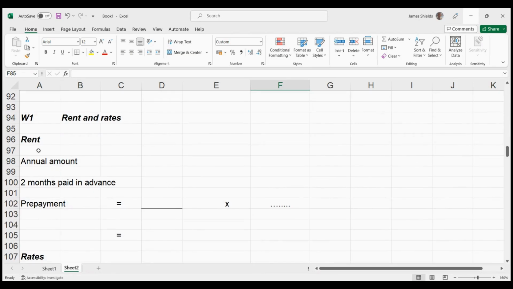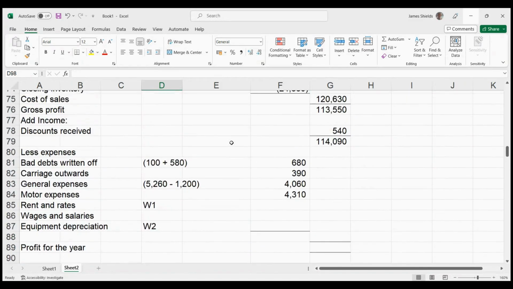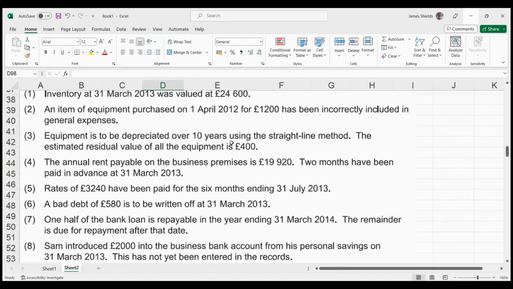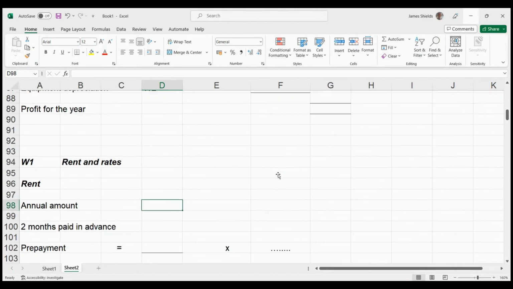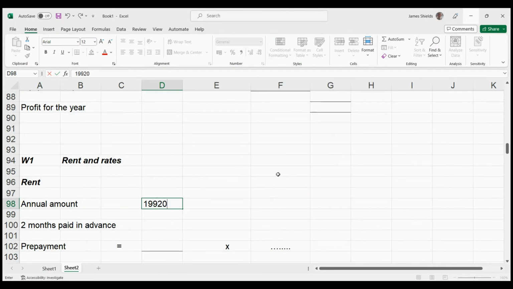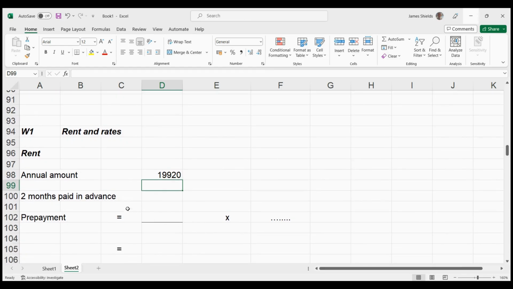So my annual amount for rent was £19,920. Now 2 months are paid in advance. So we want to work out the prepayment.